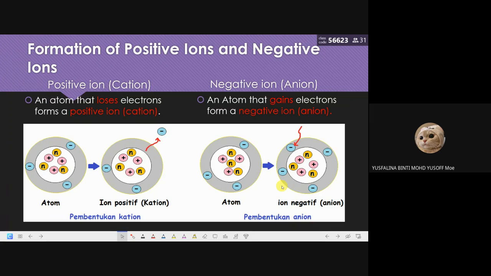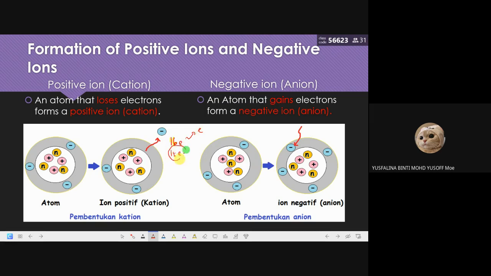Let's say initially I have 16 electrons, then one electron goes out, so now it will be left with 15 electrons.